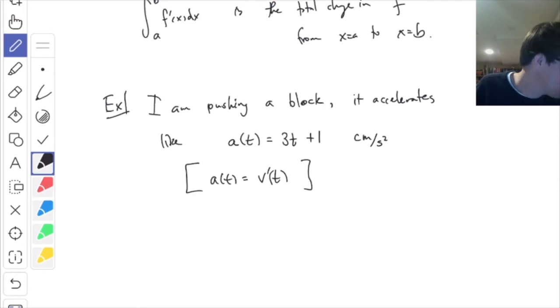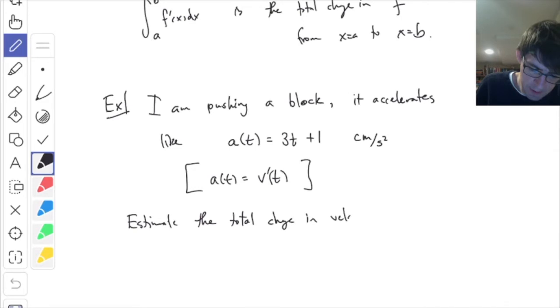Anyway, the question for this problem is, I would like you to estimate the total change in velocity from time 1 to time 5.